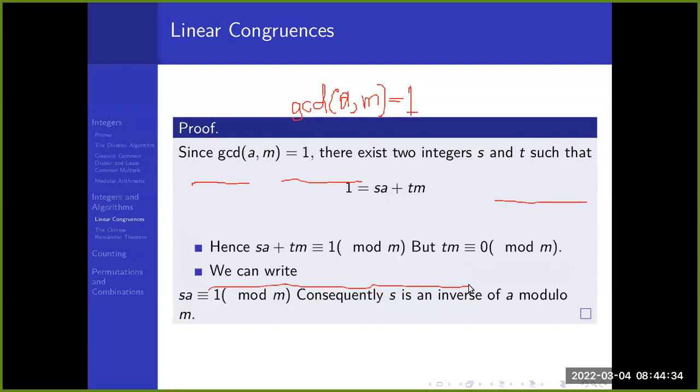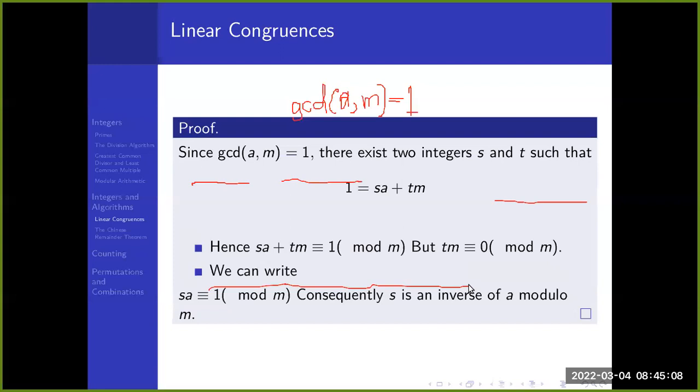So here is a proof for that theorem, to show that the inverse exists if the GCD of a and m is equal to 1.